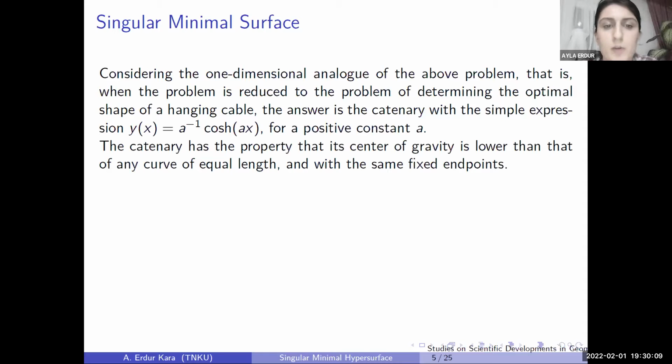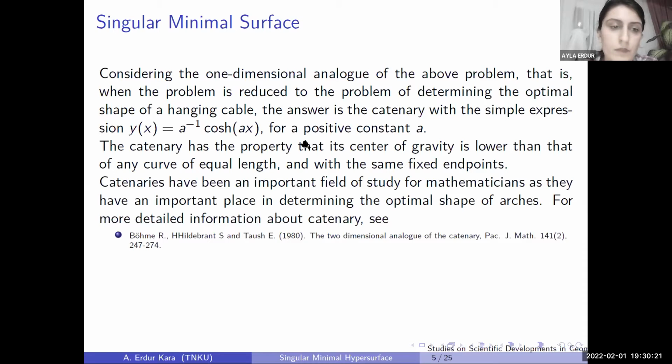The catenary has the property that its center of gravity is lower than that of any curve of equal length and with the same fixed endpoints. Catenaries have been an important field of study for mathematicians, and they have an important place in determining the optimal shape of arcs. For more detailed information about the catenary, see these references.